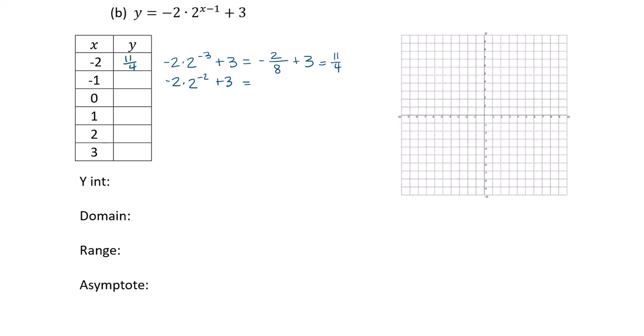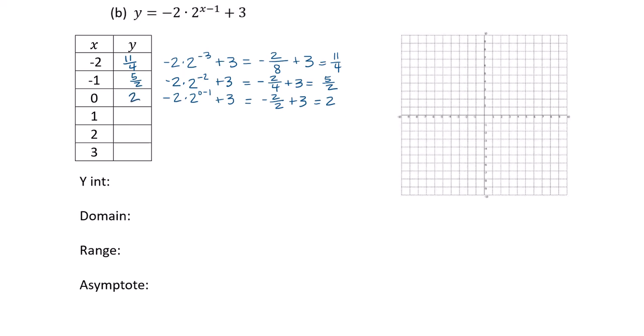This is going to be negative 2 over 4 plus 3, which is 5 halves. Here, negative 2 times 2 to the 0 minus 1 plus 3. So that's going to be negative 2 over 2 plus 3, which is negative 1 plus 3, giving me an output of 2.